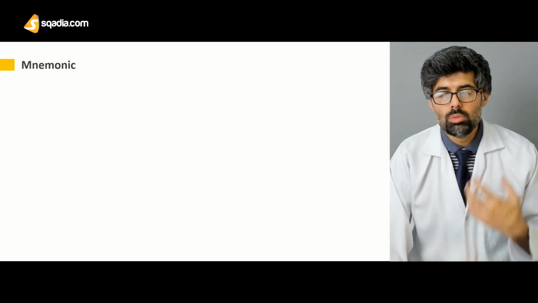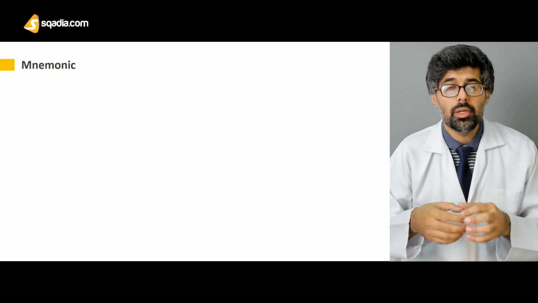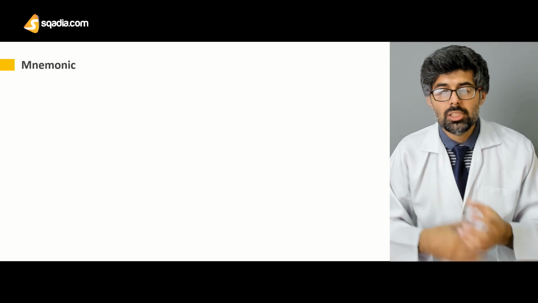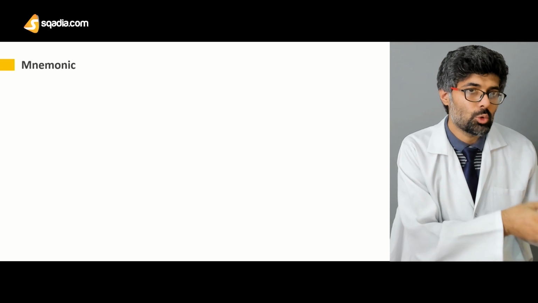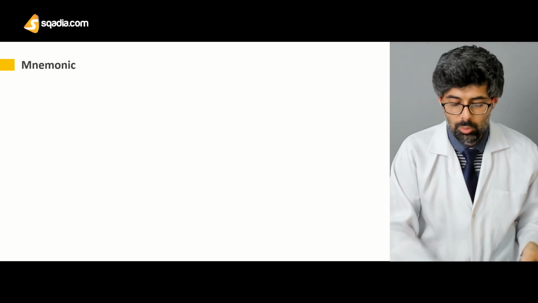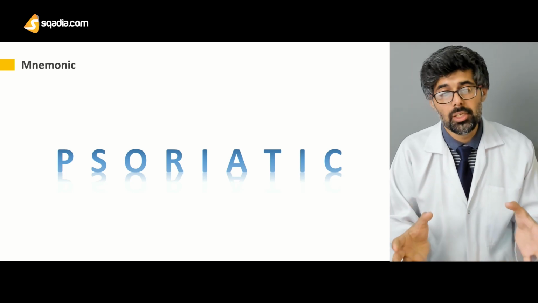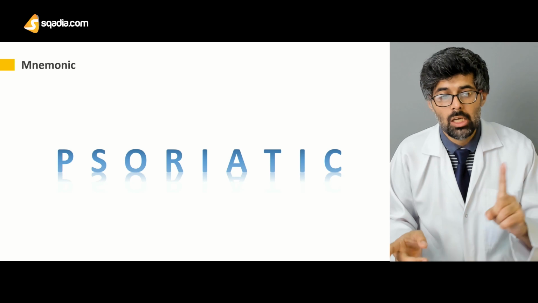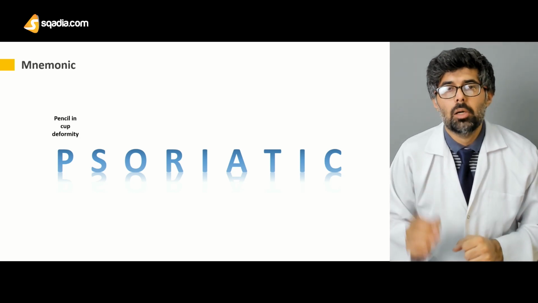Now, in order to learn what happens in psoriatic spondyloarthritis, there's a mnemonic for it, and each letter of the mnemonic refers to a particular symptom. That mnemonic is PSORIATIC. So, PSORIATIC is the mnemonic for psoriatic spondyloarthritis, with the P standing for pencil in a cup deformity.